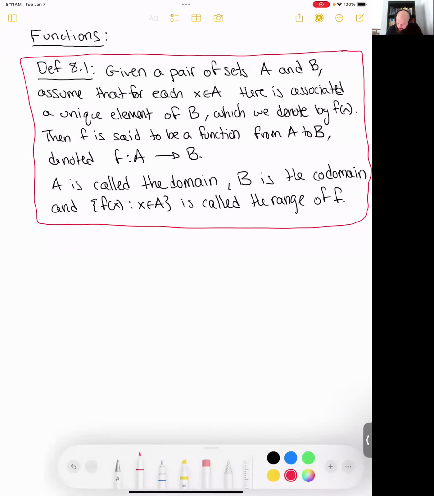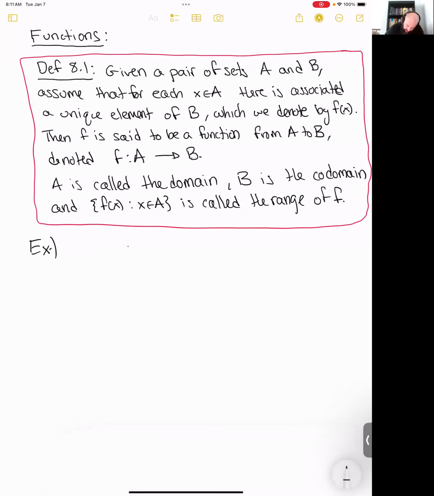And so let's just look at an example here. It's going to be very common when we want to look at these functions now to draw them as sets like this, maybe.